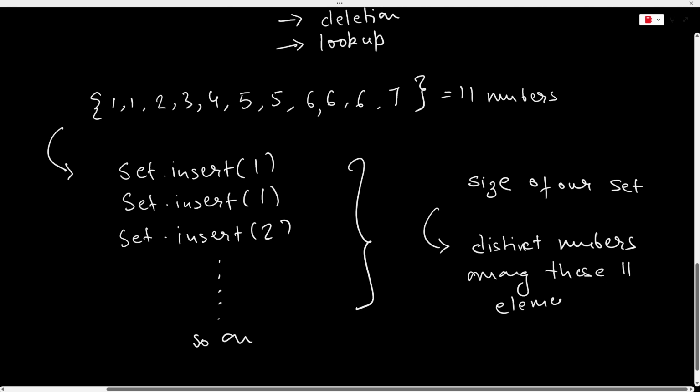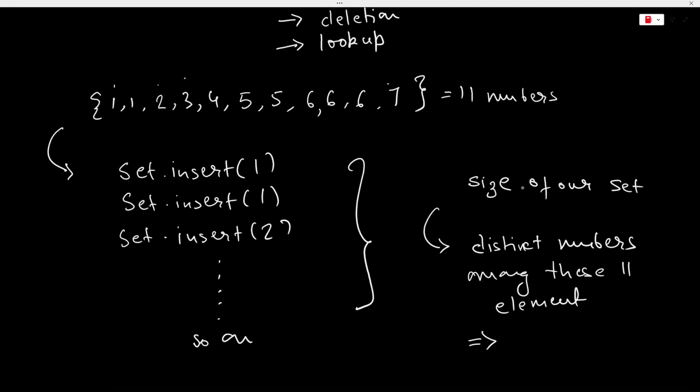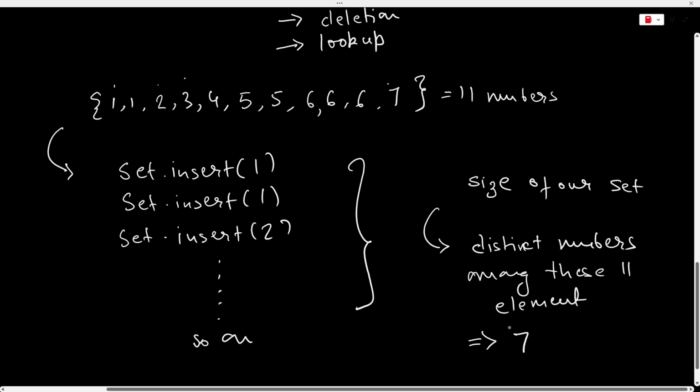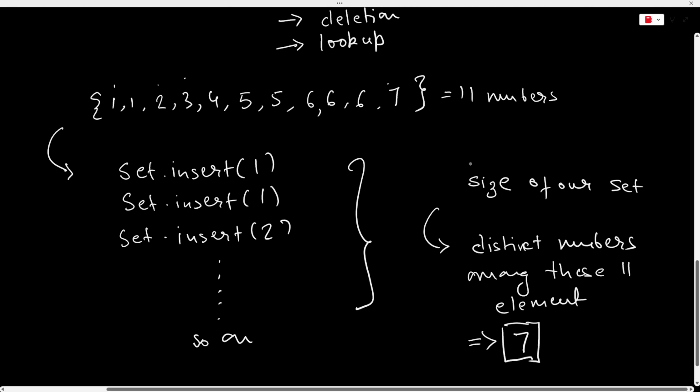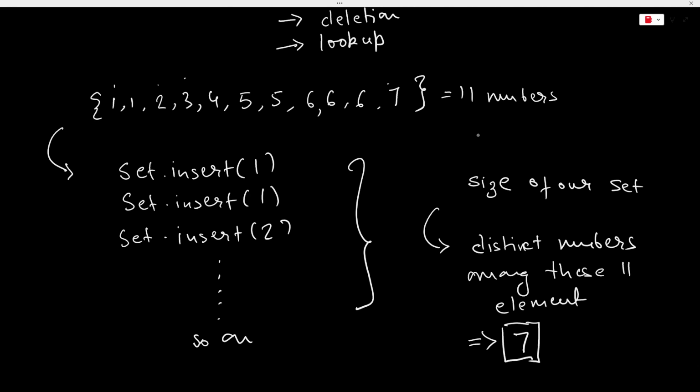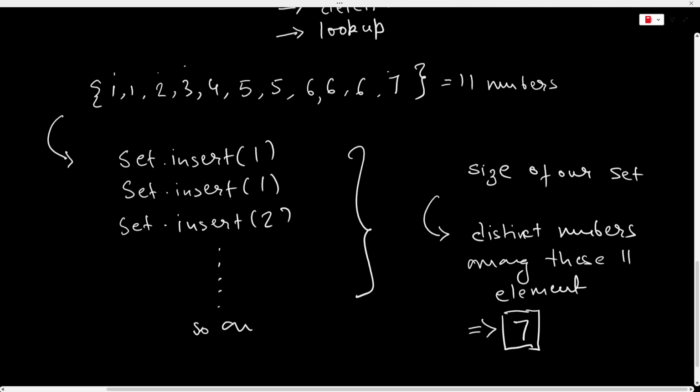So this is one use case. Yes, our size at the end will be 7, because that's its job, to store unique elements. It does not allow duplicates.